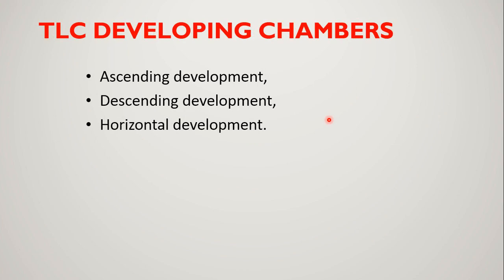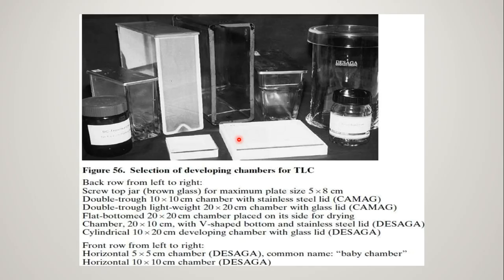Now these are the developing techniques inside the chambers. There are three types of techniques that could be used in TLC: ascending development, descending development, and horizontal development. So these are the various developing chambers or containers. We can see that cubic shape, cylindrical shape, and with different sizes.